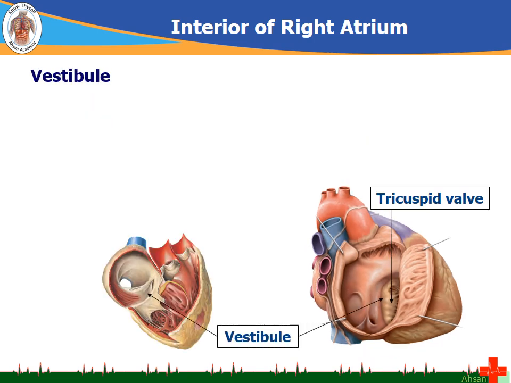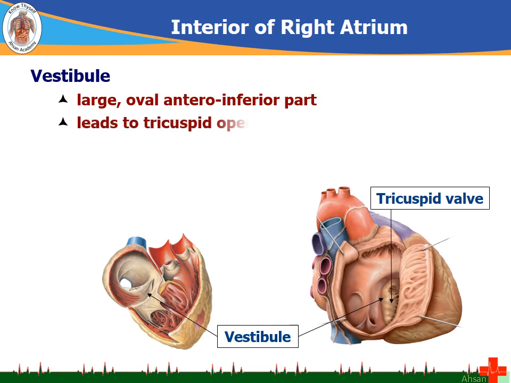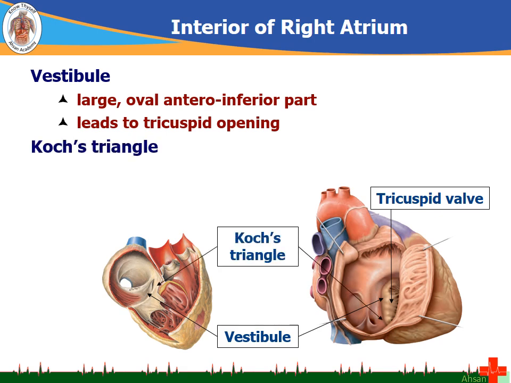The vestibule is the large oval anterior inferior part leading to the tricuspid opening. The Koch's triangle is indicated by the arrow.